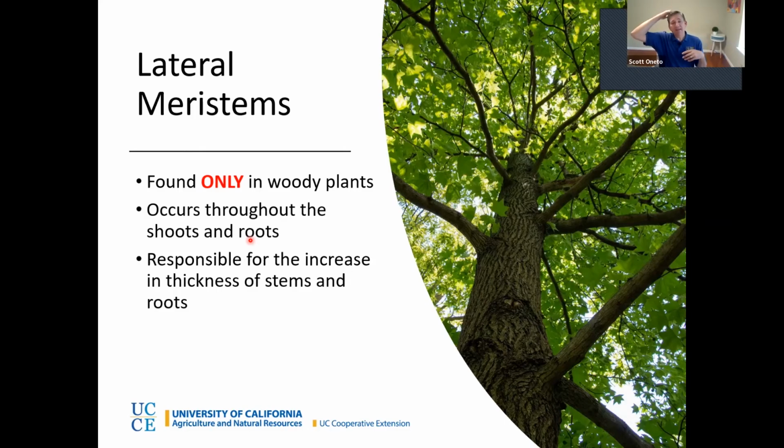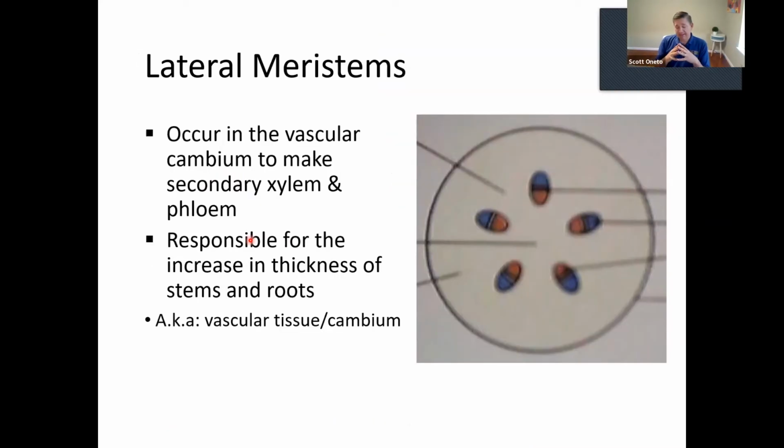So if we go back several slides ago, I was talking about the vascular tissue, and I was showing you the orientation of the vascular tissue specifically in dicots. Remember, the orientation of the vascular tissue in dicots all looks the same, right? We have these little bundles of vascular tissue that make their way around the perimeter of the stem.